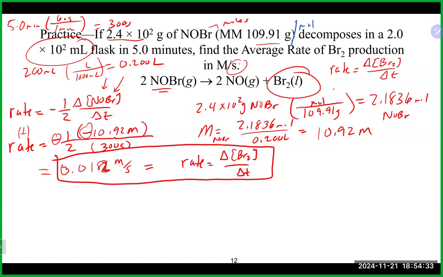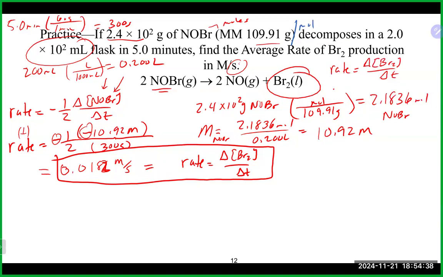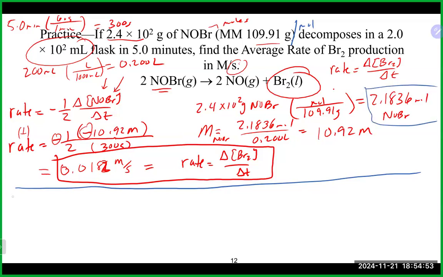Question on that there? Now, just to finish this one, as I mentioned before, when you do 1 over the coefficient, that does take the stoichiometry into account for you. But if you wanted to do just a regular stoichiometry problem first and then put in the kinetics part, you could. You could take the moles of the NOBR that we calculated and do a mole-to-mole relationship from the equation, and we see it is 2 moles of NOBR to 1 mole of BR2.